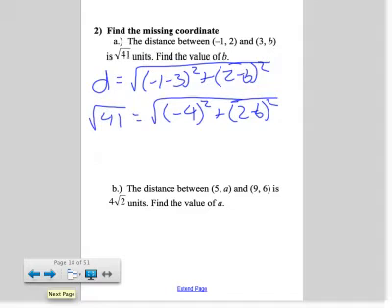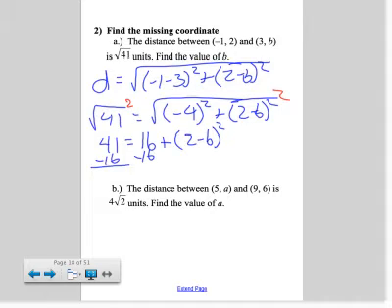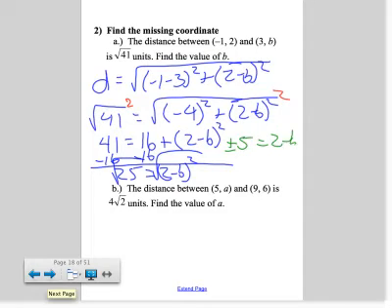Okay, now I got to get rid of the square root, so now we're going back a section here where we square both sides to get rid of the square root. So 41 is equal to 16 plus 2 minus b quantity squared. Subtract your 16 from both sides. And we end up at 25 equals 2 minus b quantity squared. Take the square root of both sides to get rid of the squared, so I end up at plus or minus 5 is equal to 2 minus b.